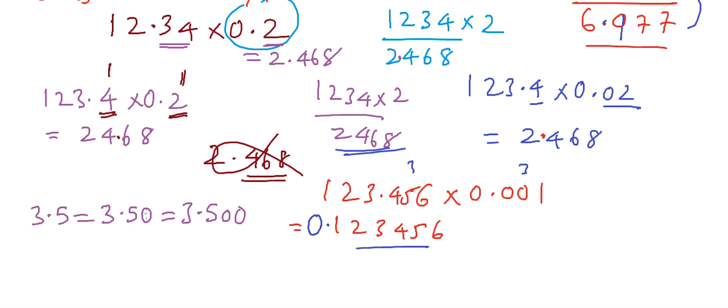It means these zeros can be removed. Suppose in the result you get 7.450, then this can be written as 7.45. Both are the same in value.